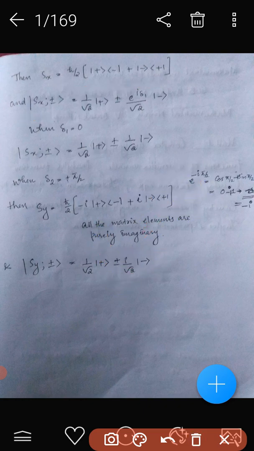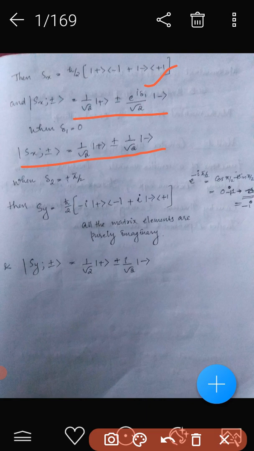Then we get Sx plus or minus equal to 1 by root 2 ket plus, plus or minus 1 by root 2 ket minus.